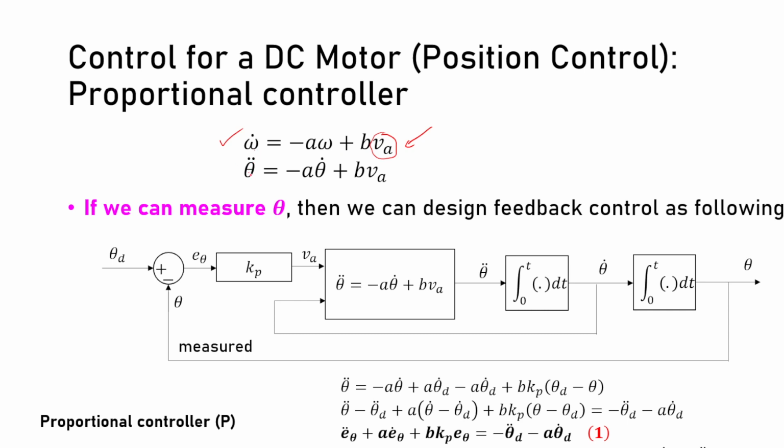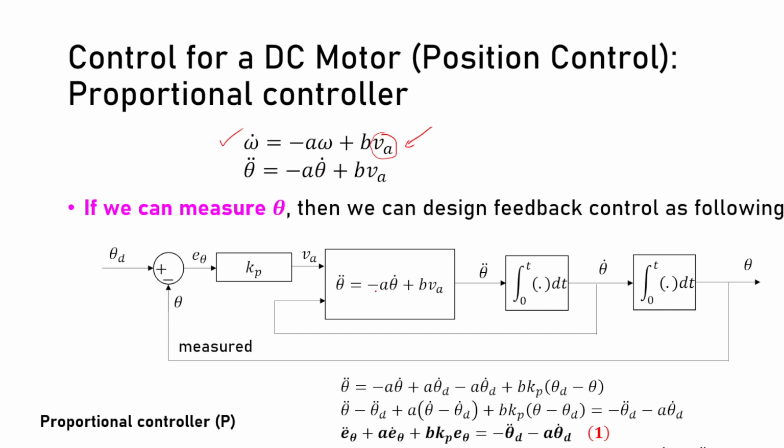So here you got theta double dot and omega here is theta dot. Then we build a block diagram that makes it convenient to do analysis as well as to build a simulation model.